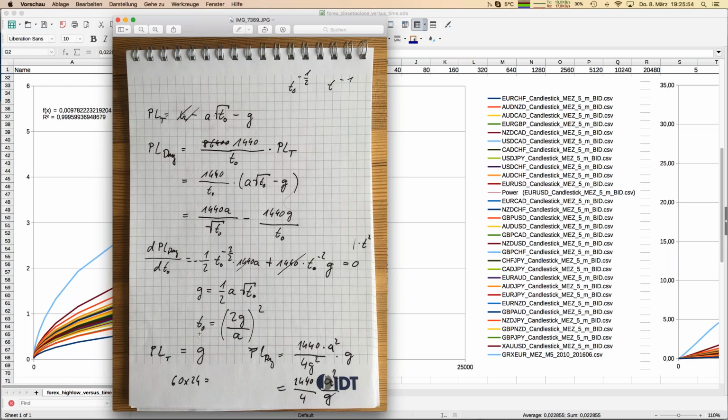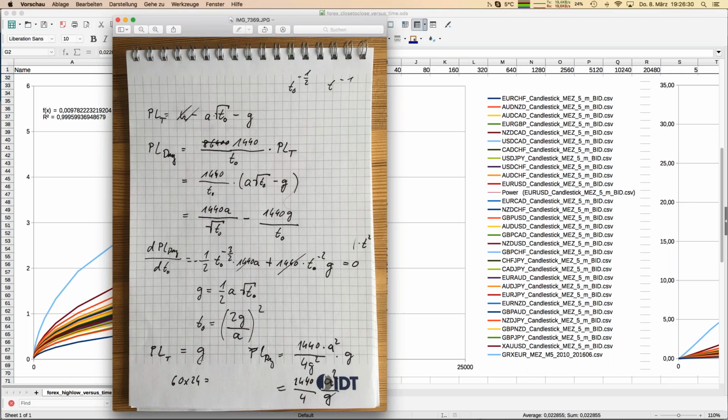We can calculate the time when we reach the best level, and that would be something like (2g divided by a) squared. And if we put that number into our first equation, then we get our take profit level. And that take profit level is surprisingly exactly G, which means the take profit level for our trades should be exactly the costs.